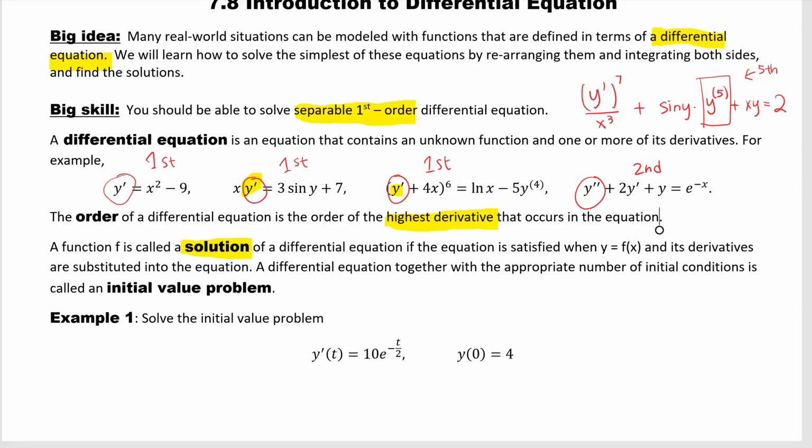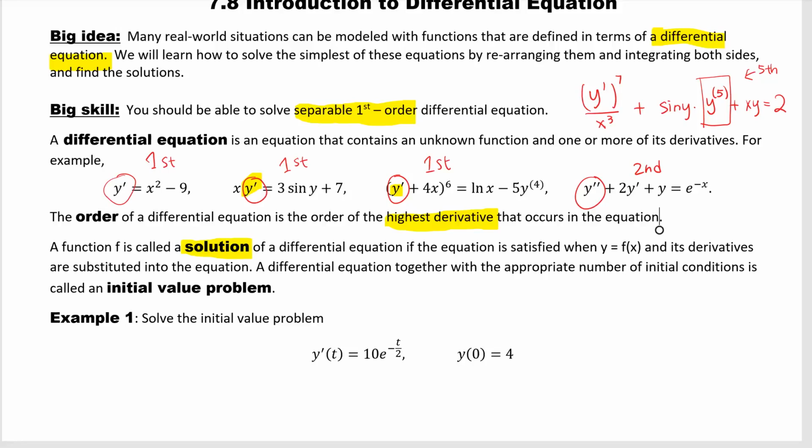Actually we learned some examples before. Do you remember in the application problems, we talked about one-dimensional motion. We have displacement, velocity, and acceleration. Given the acceleration, when we integrate the acceleration, we get velocity, right? But we actually get an antiderivative with a constant c.